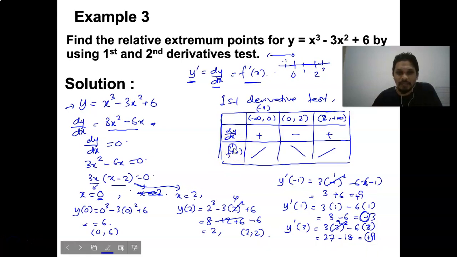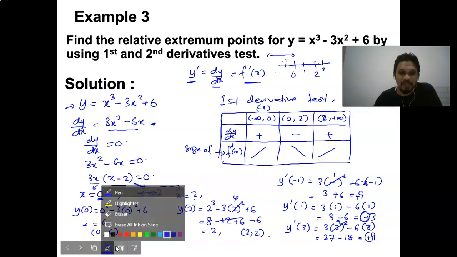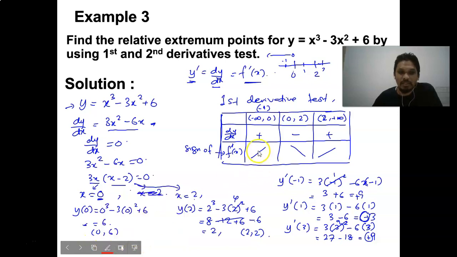It's f prime. dy/dx is f prime, and this is actually the sign of f prime x, whether it's increasing, decreasing, and increasing. Just imagine that this is the sign of f prime, which we call the gradient, something like this.